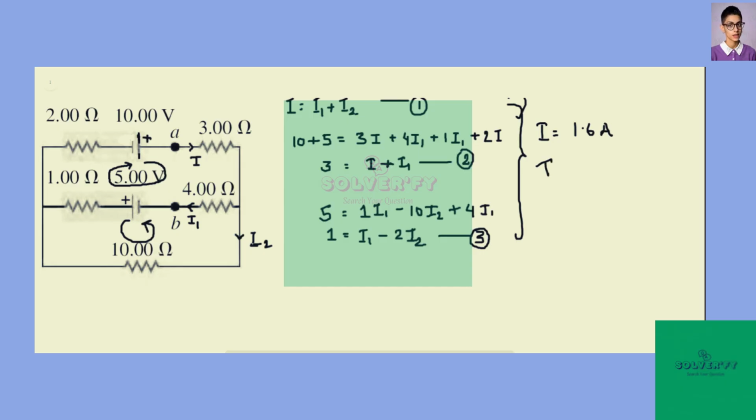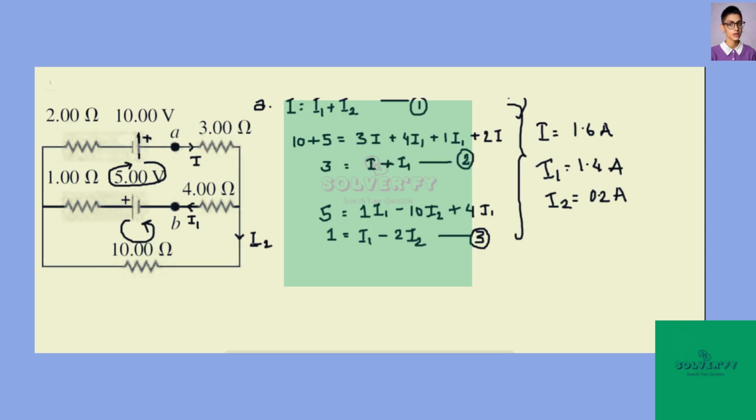Similarly, I1, the current flowing in the middle wire, is 1.4 amperes, and I2, the current flowing on the bottom wire, is 0.2 amperes. So with this we are done with part A of the question, that is we found the current in each branch.